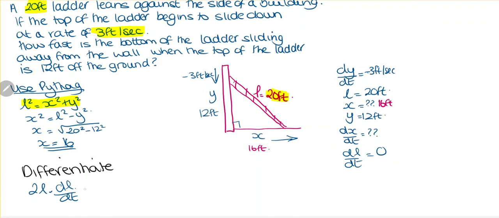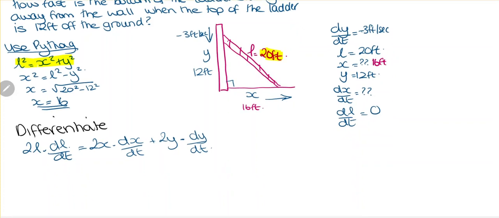And this is equal to X squared, so we have 2X multiplied by dx/dt, plus Y squared, so this is going to be 2Y multiplied by dy/dt.